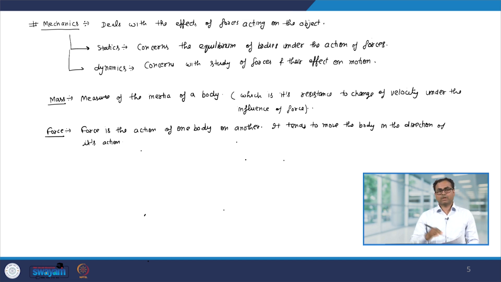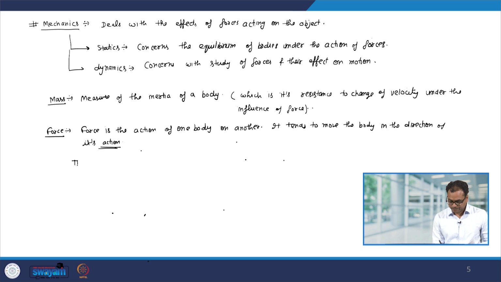So, that means you apply a force, then the body is going to move in the direction in which the force is applied. Now, this action can be characterized by how much you are applying, in which direction you are applying, and where you are applying.